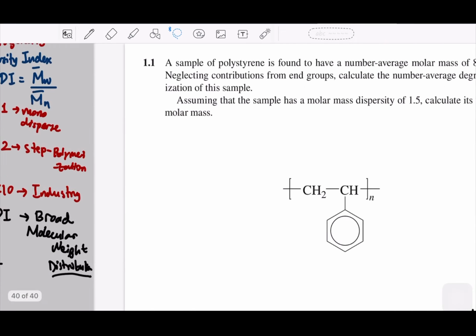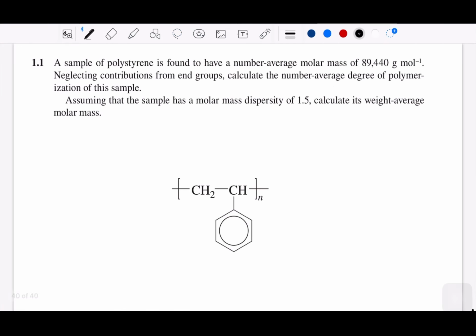Okay, so back to this question here. It's given you the information about the dispersity, which means the same PDI as before. So 1.5 is the dispersity, and calculate the weight average for the mass.